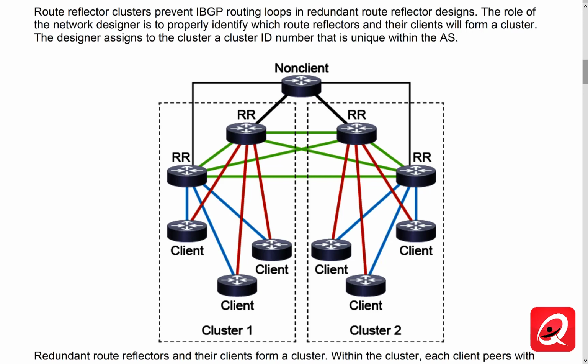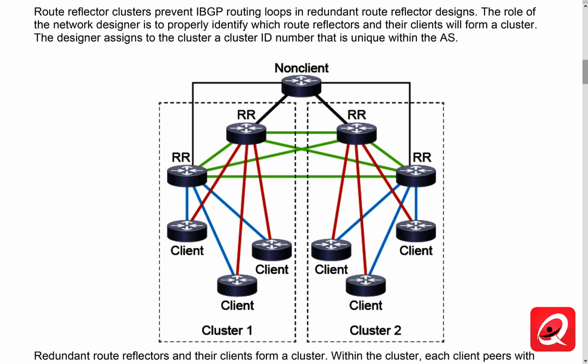So we can see in this particular case, we have cluster 1 with 2 different route reflectors, cluster 2 with 2 different route reflectors for the redundancy within the cluster. The route reflectors from the different clusters have to be fully meshed with each other because they basically become essentially regular iBGP peers.